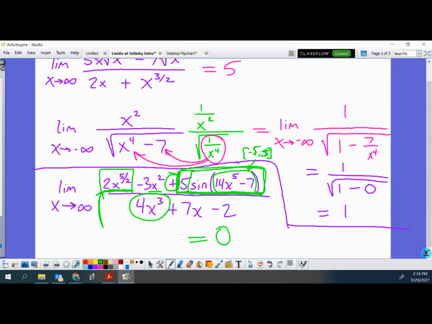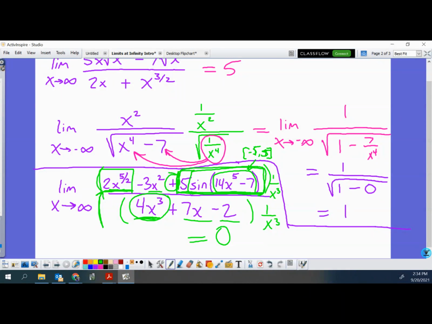If you want to multiply both the top and bottom by 1 over x cubed, what will happen is on top, every single term will have a leftover x to a power on the bottom, right? And as x goes to infinity, those will all go to 0. In the denominator, that will happen with the last 2 terms, but not with the first one. You'll just get 4. And so you'll have 0 over 4, which is 0.